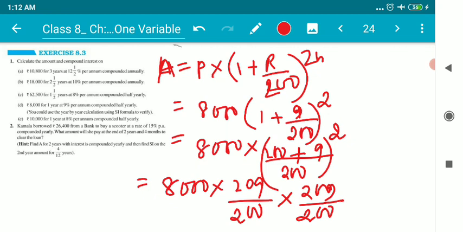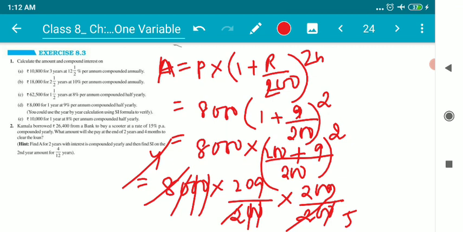You might be thinking, sir, why did you write 209 by 200 twice? Because the power is 2, so we can simply write this value twice. The zeros got cancelled. 4 twos are 8. Now 4 will cancel 20, that will be 5.